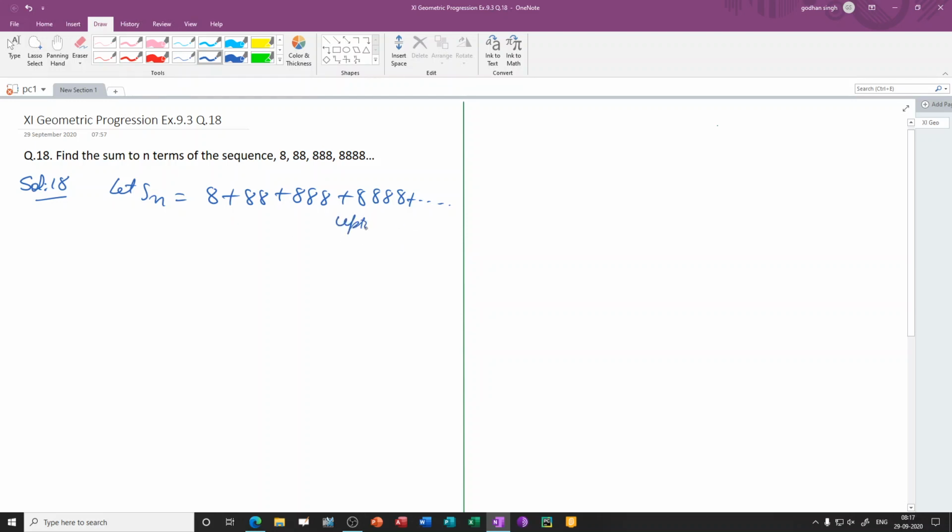It's not infinite, because if it were infinite, then obviously the sum would also be infinite. So Sn equals 8 times 1 plus 11 plus 111 plus 1111, and so on up to n terms.